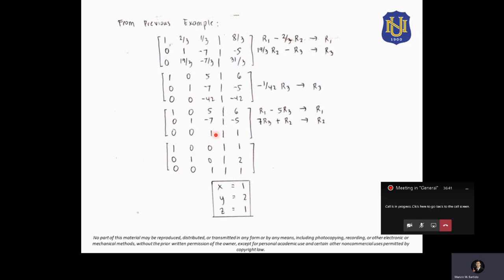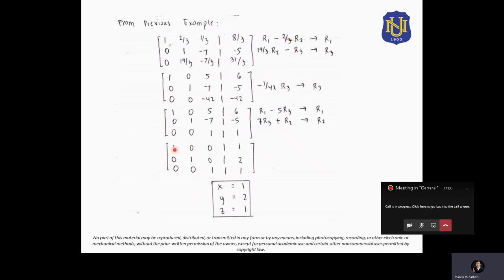Okay, hindi natin pwede gawin na 5R3 minus R1 kasi magne-negative ito dun sa magiging new row 1 natin. So, ang kailangang mauna is yung R1 minus 5R3. Okay, so that will be R1, which is 5, minus 5 times R3, which is 1. So that will be 0. Yun yung magiging new first row natin.